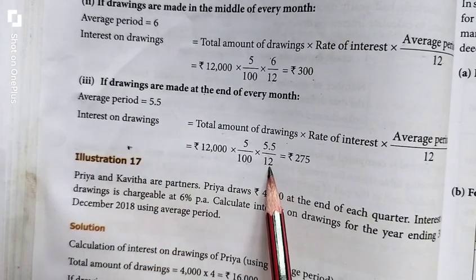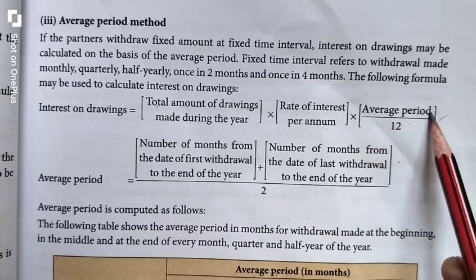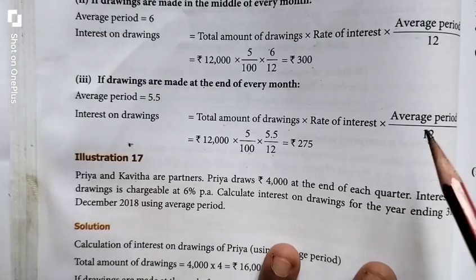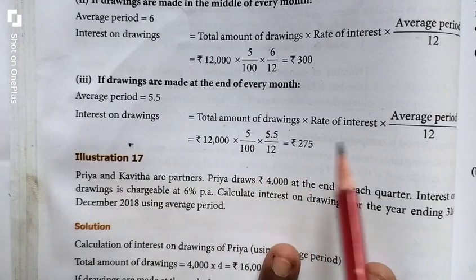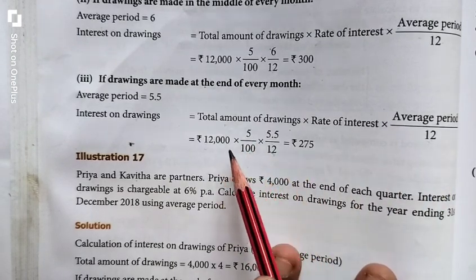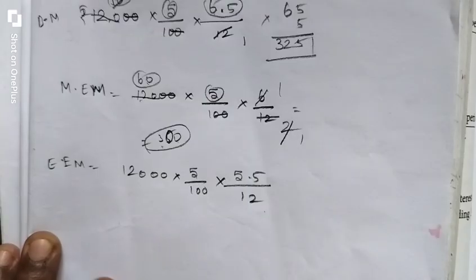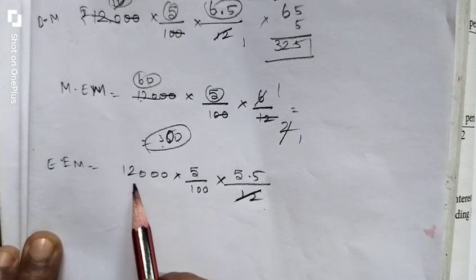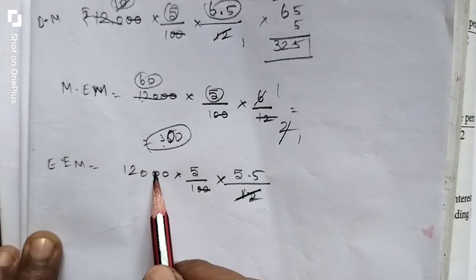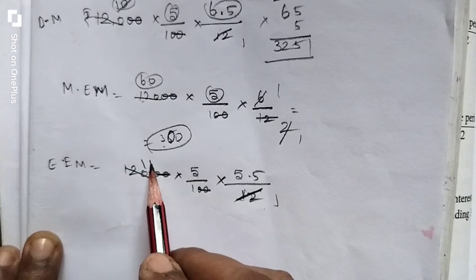So as per the format, the average period is 5.5 divided by 12. Now we have to cancel it to find the interest on drawings under the average period method. First we cancel this 20 for this 20. 1 12 is 12, 10 12s are 120.